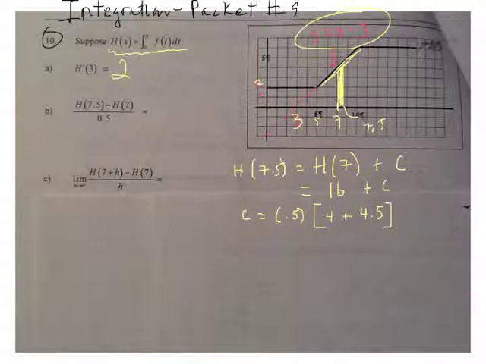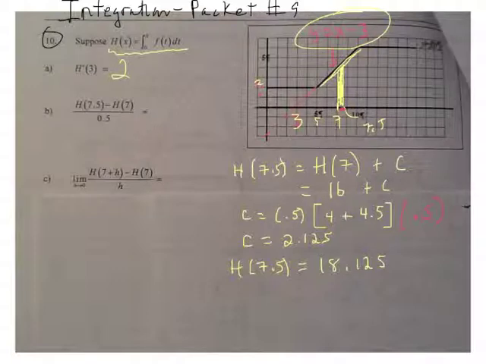And then we have to multiply it by our base, which is this little red spot that I'm showing. And that space is just a half as well. If you compute that out, I believe that c comes out to 2.125.